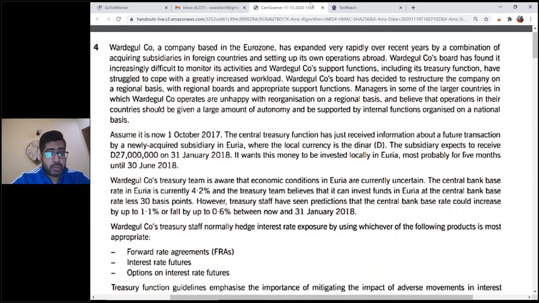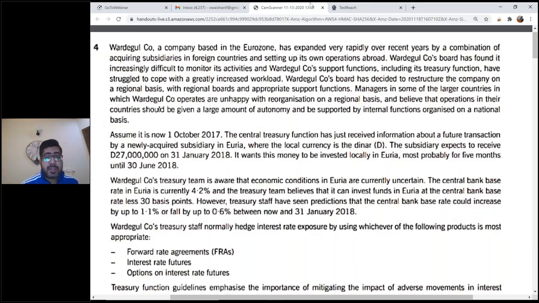Assume it is now 1st October 2017. The subsidiary expects to receive dinar 27 million on 31st January 2018. So dinar 27 million will be received on 31st January 2018. It wants this money to be invested.